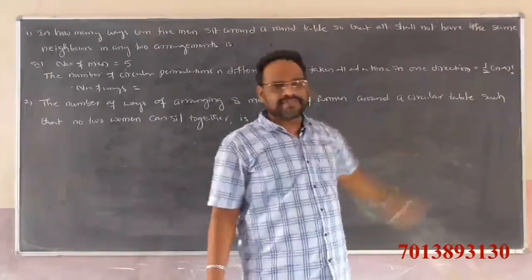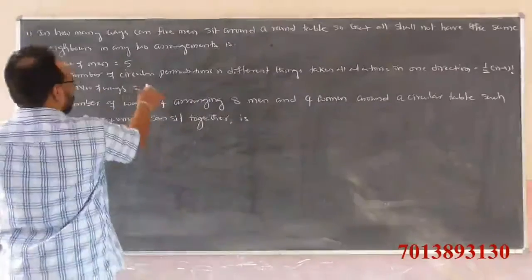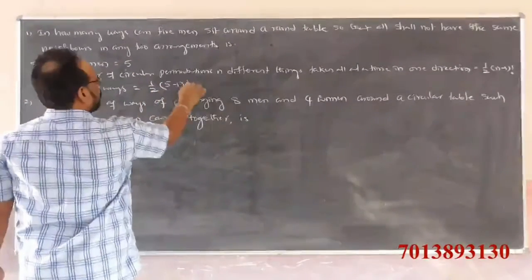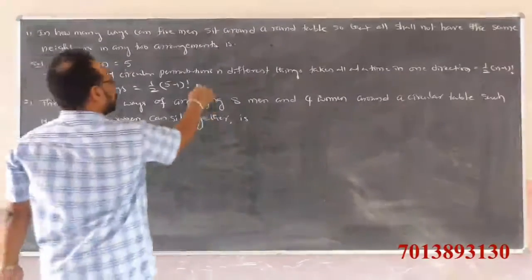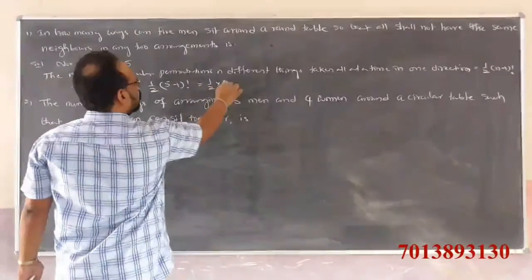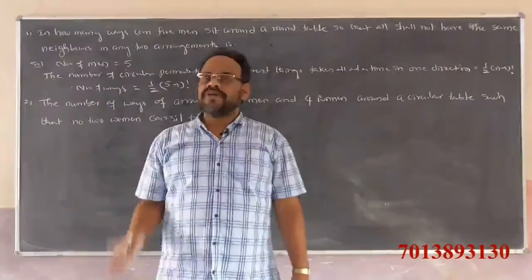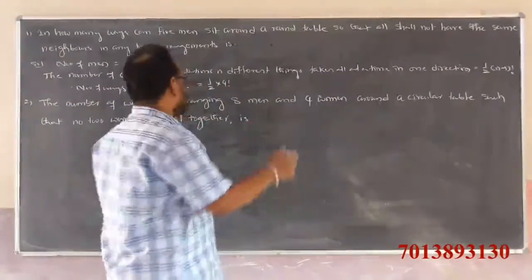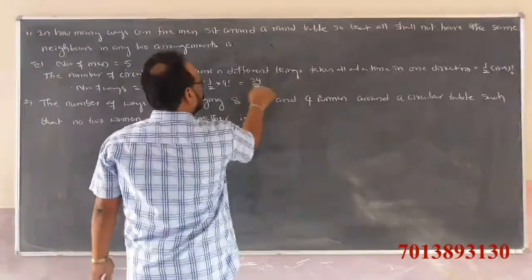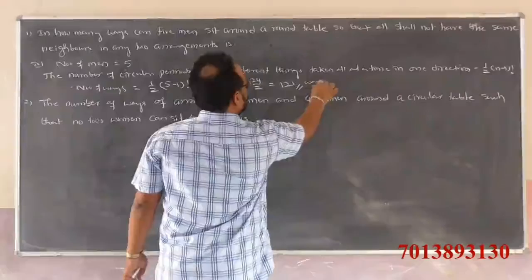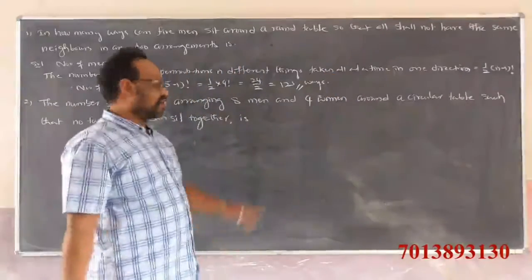Here n is 5, so half of 5 minus 1 factorial, which is half of 4 factorial. We know 4 factorial: 4 times 3 is 12, 12 times 2 is 24. So 24 by 2 is 12 ways.